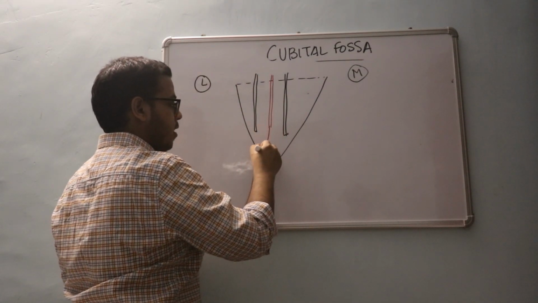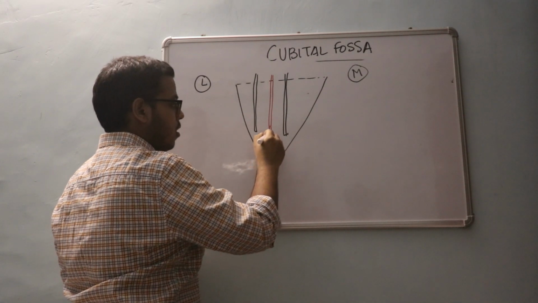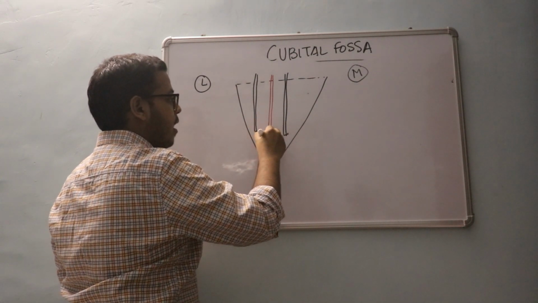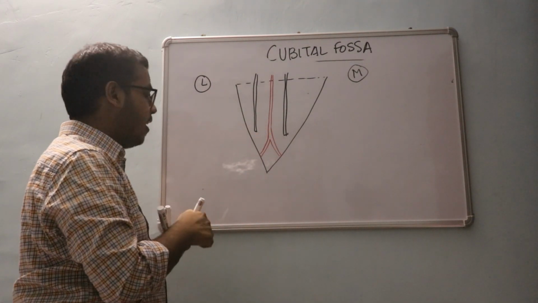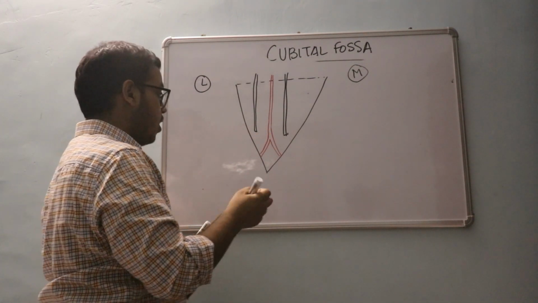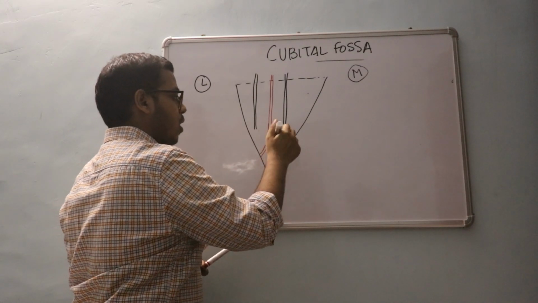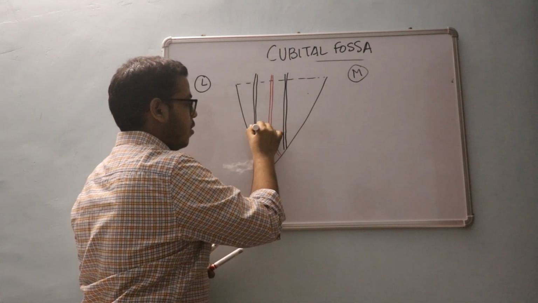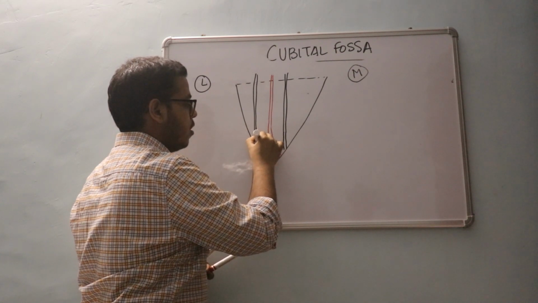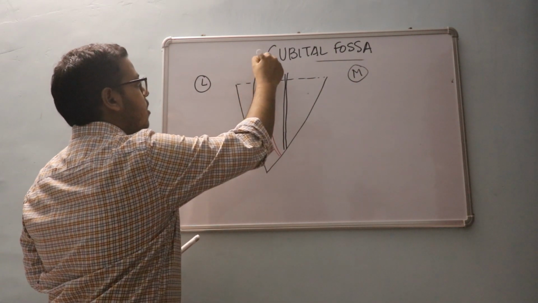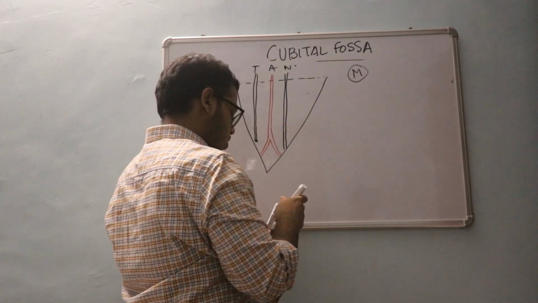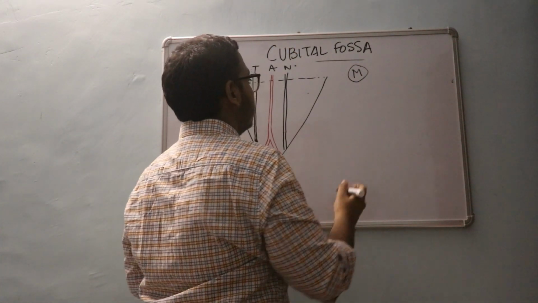The artery has to bifurcate also, because this is the brachial artery, and I have already made a video on the arterial supply. And this is the tendon. So these are the TAN structures. What are the TAN structures? Let us see the TAN structures first.